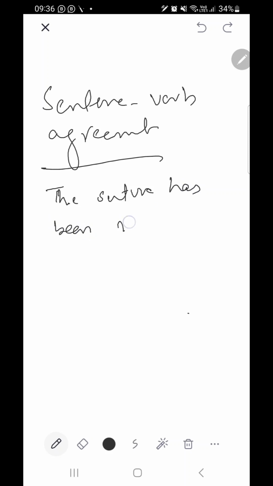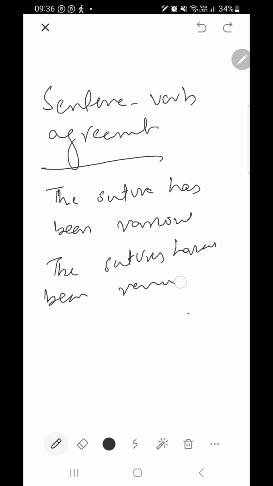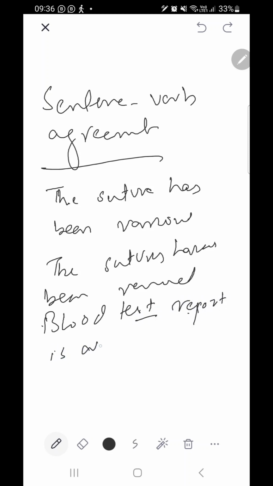If it's a singular form, we use has; with switchers, we use have been removed, right? Blood test with singular reports is available, or blood test reports are available, right? If you are using plural, use are with that.